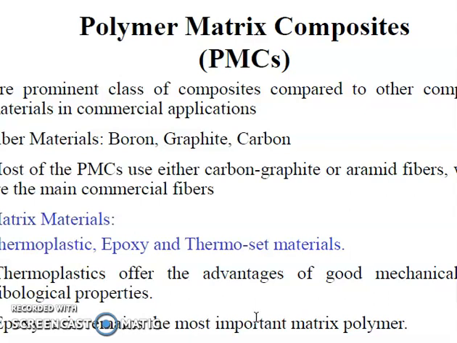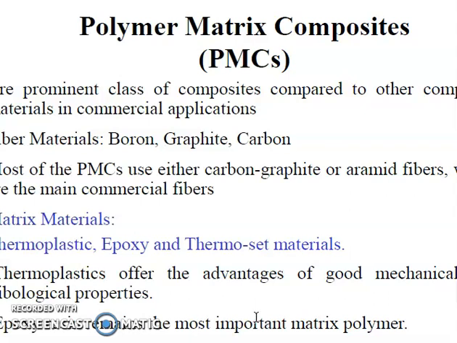Polymer matrix composites are a prominent class of composites compared to the other composite materials in commercial application. We will find a wide variety of polymer matrix composites. Fiber materials such as boron fiber, graphite fiber or carbon fiber are reinforced into a polymer to form a polymer matrix composite. Most PMCs, that is polymer matrix composites, use either carbon, graphite or aramid fiber, which are the main commercial fibers.